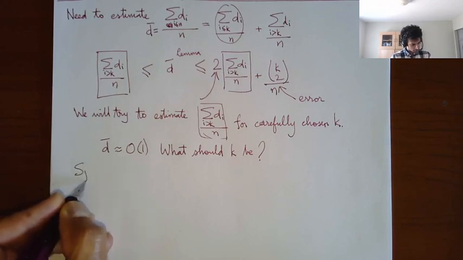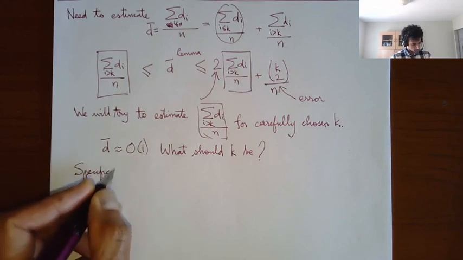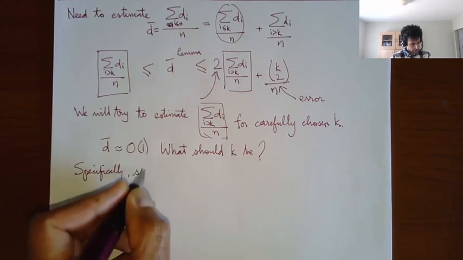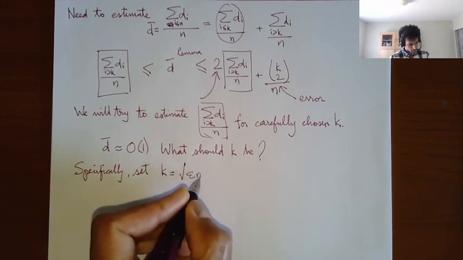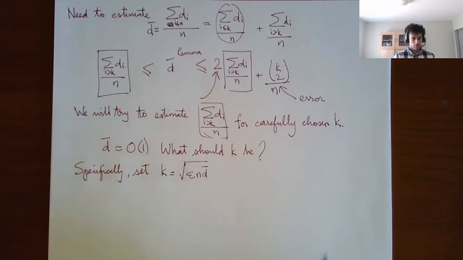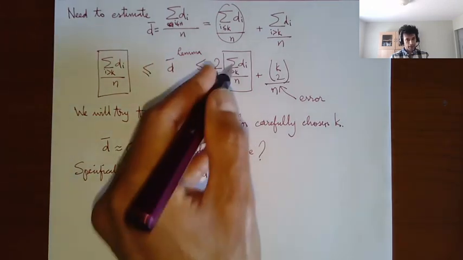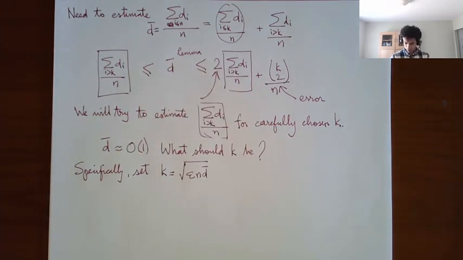So specifically, let's set k to be equal to the square root of epsilon n times the average degree. Okay? And let's go back and plug this in over there.